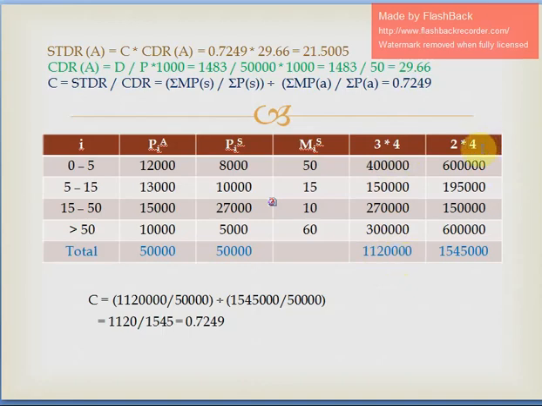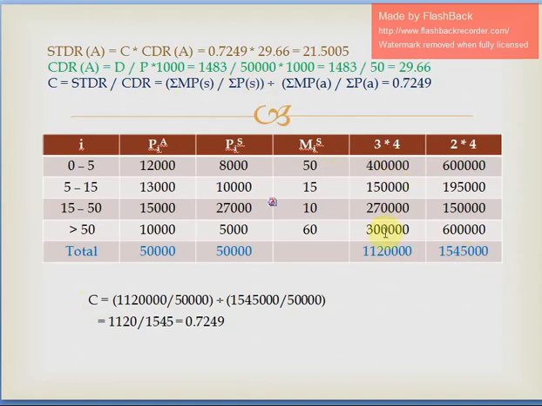PIA is column number 2, MIS is column number 4, multiplying column 2 by column 4 and adding, the total comes out to be 1545000.